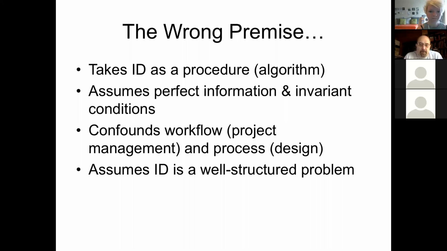The assumption was that if only you had the right procedure, then high quality training would emerge. Another criticism of the ADDIE model is that it assumes perfect information and invariant conditions. In other words, it assumes you know everything there is to know about the project at the beginning, and that nothing will change while the project is underway.